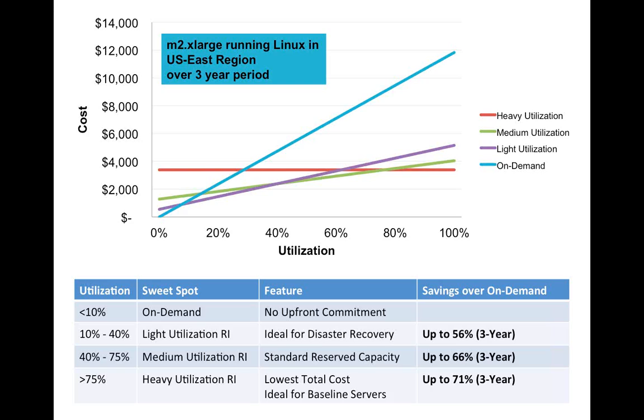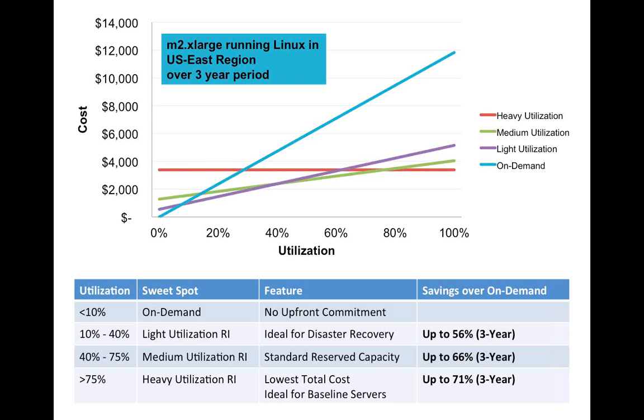The upfront cost is very low, and the hourly charge is a little bit higher than medium and heavy utilization, but you're going to be turning it off most of the time, so you're not paying that hourly charge at all. So the savings over on demand can be up to 56% in this case, so significant savings just by getting a reserved instance.